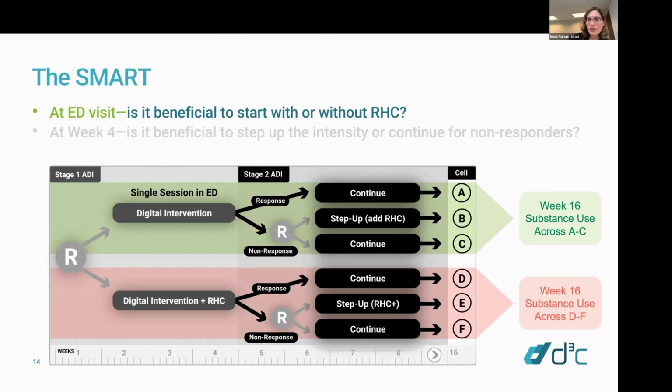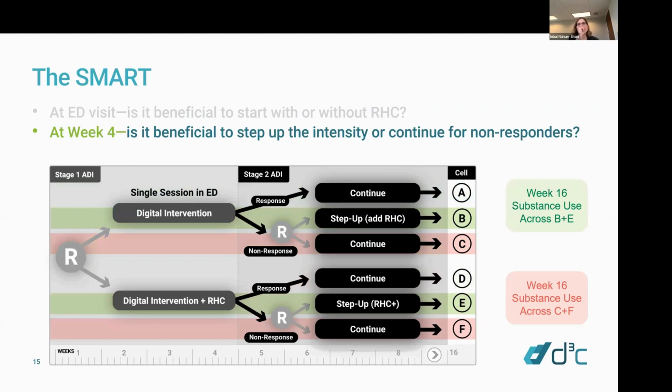All right, so how do we answer the second question? Remember, the second question focuses only on non-responders. So of course, I'm going to use data only from non-responders to answer this question. Should I step up or continue for non-responders? To answer this question, I'll take the mean outcome, week 16 substance use, across cells B and E, in which my non-responders got the step-up option, and I'll compare it to the mean outcome across cells C and F, in which my non-responders got the continue option.